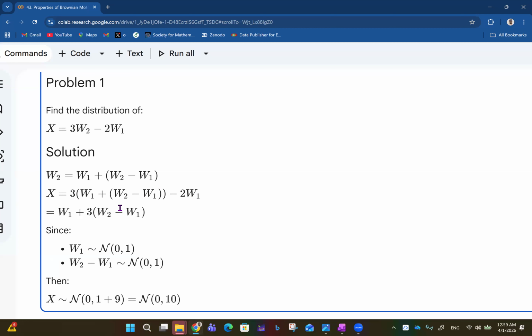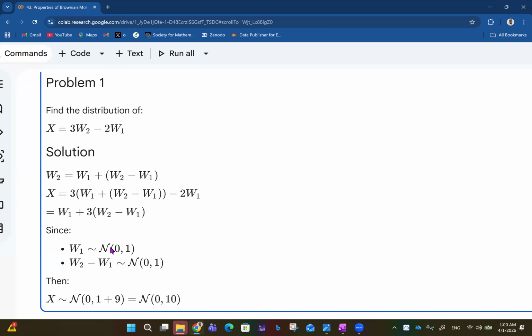Okay, so the deal here is that though this cancels out, because we want to normalize this, we need an extra W1 to cancel that. So we have W1 plus 3 times (W2 minus W1).